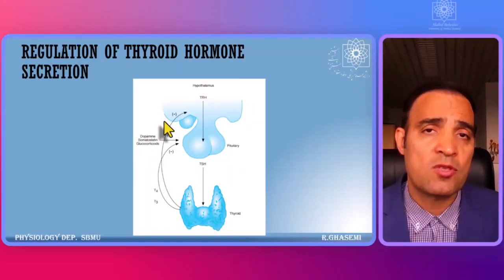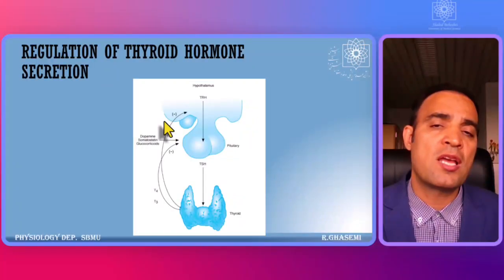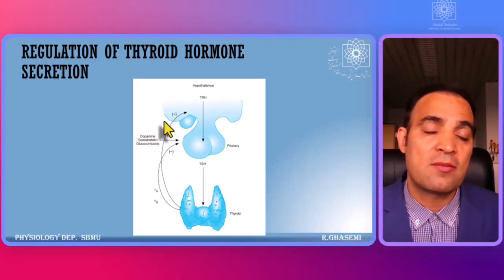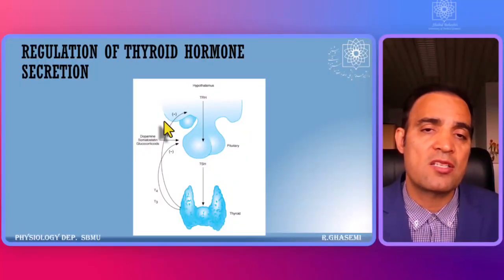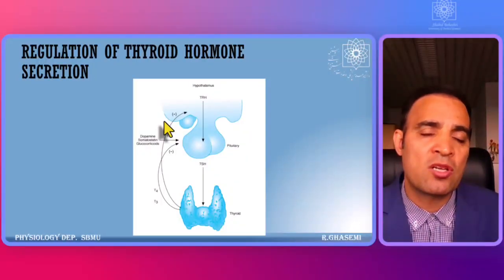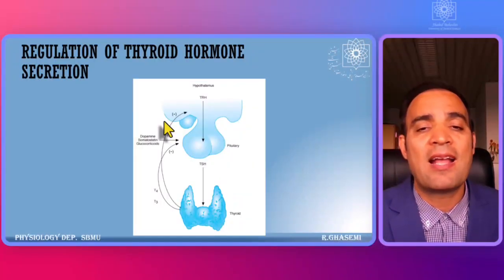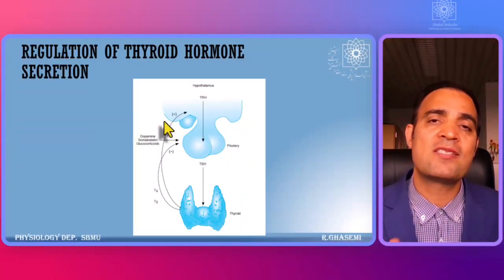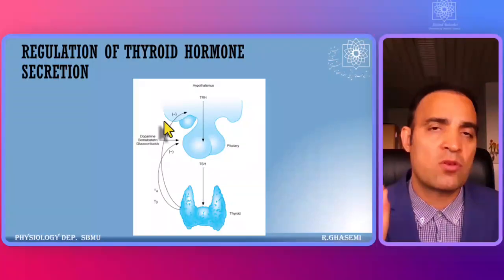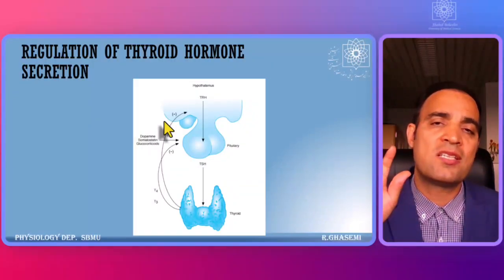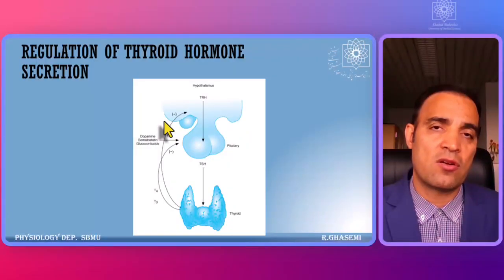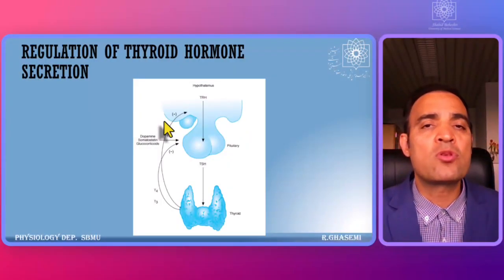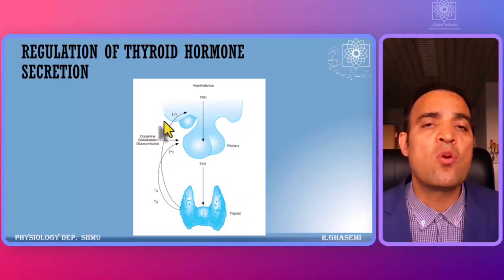In the hypothalamus, I told you before that we have a neuron named TRH, and TRH releases a hormone with the same name, TRH, which affects the anterior pituitary gland and stimulates a hormone named TSH. TSH is the main stimulator for the thyroid cell to increase the release of thyroid hormones, and also increase iodide uptake and production of new hormones.